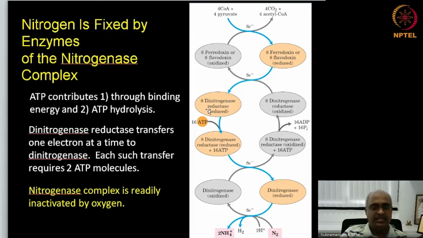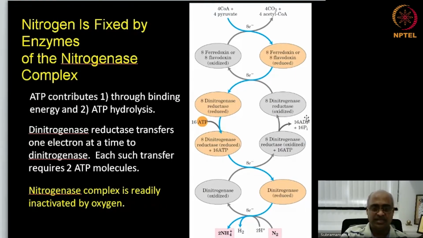The electrons are taken up in the 4Fe4S complex that we saw is part of this dinitrogenase reductase. And then it binds the ATP molecules and transfers the electrons to the dinitrogenase, and the ATP is hydrolyzed, and then it goes back to the oxidized form.